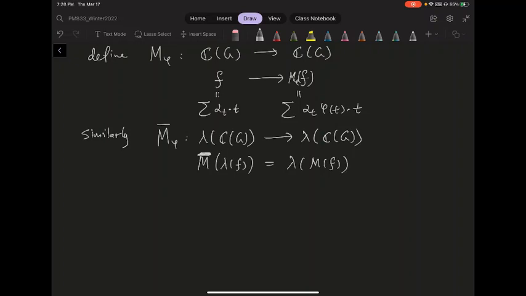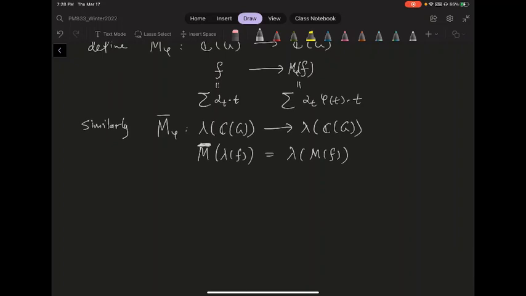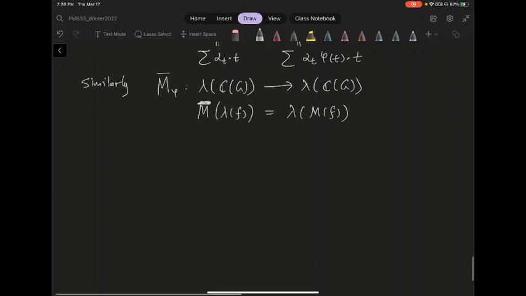I want to show that first of all, these maps are only defined on a dense subset of your C-star algebra. You treat CG as sitting inside the full C-star algebra, and of course lambda of CG inside the reduced one. You can extend them to C-star algebra maps. Okay, so here's the lemma.